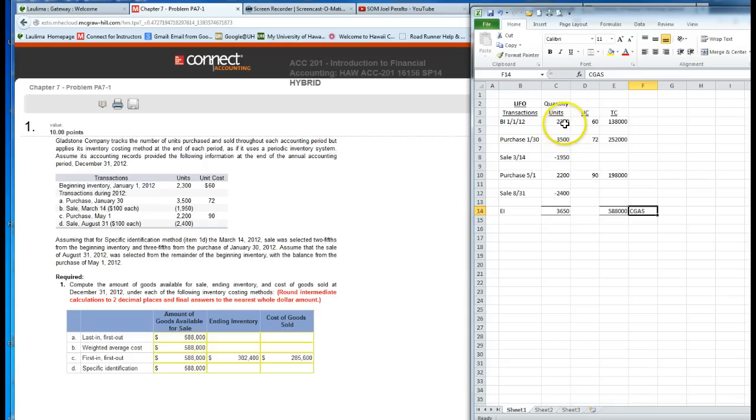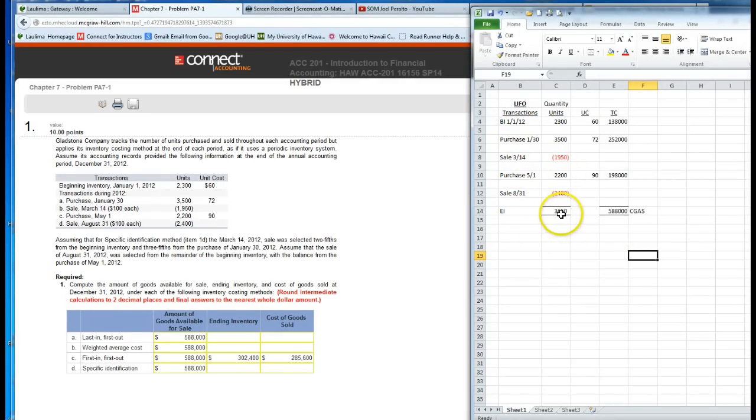We started with 2,300. We had a couple of purchases and a couple of sales, which show as subtractions. I should probably format these numbers differently so that the negative amounts are easier to see. There we go. So we can see that we sold 1,950 and 2,400.